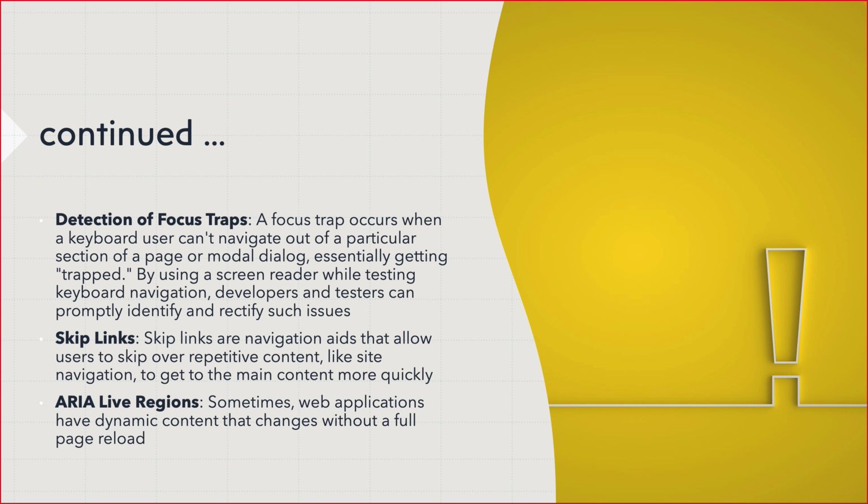But if you hit the escape key and it doesn't close, that's a focus trap, because you're unable to navigate back to the main user interface, so you're just trapped. It's important that you detect that case. The other one is skip links. Skip links allow you to navigate from the top of the web page to the main area. If there is a skip link, you should be able to skip the navigation content and get to the main content.